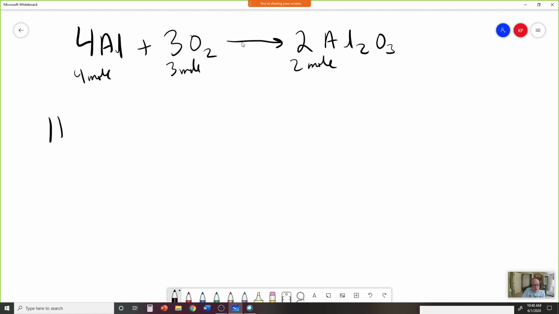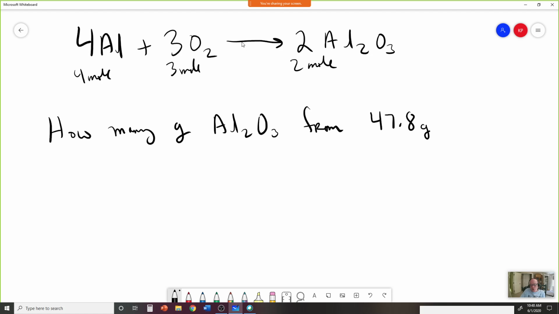So how many grams aluminum oxide from 47.8 grams aluminum?